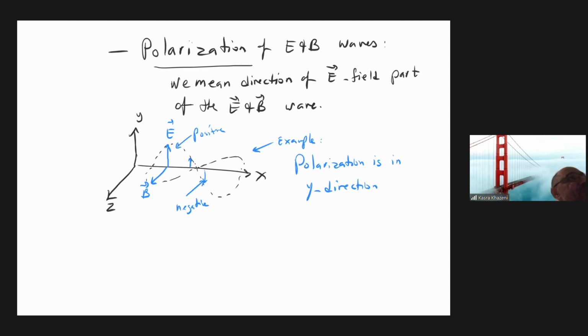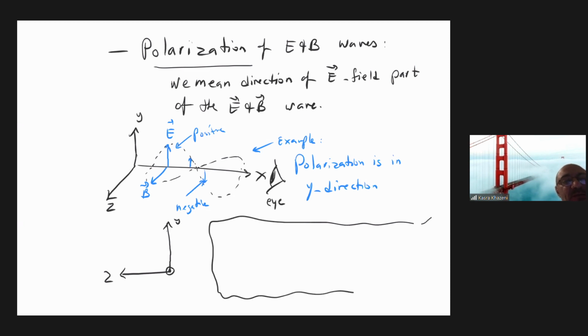Okay? So if you were to look at this whole thing, I did this yesterday. If you were to look at it head on, that's my eye, then I would see the y coordinate and the z. And of course, let me take a little bit of time and explain something about the way I draw things.